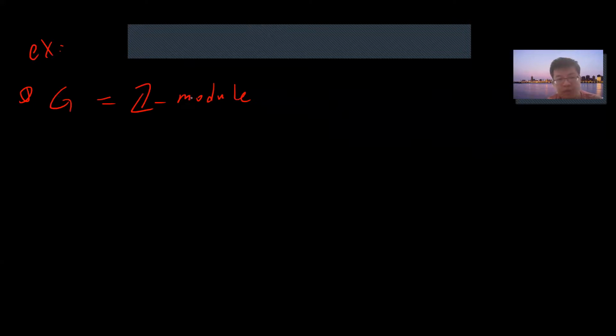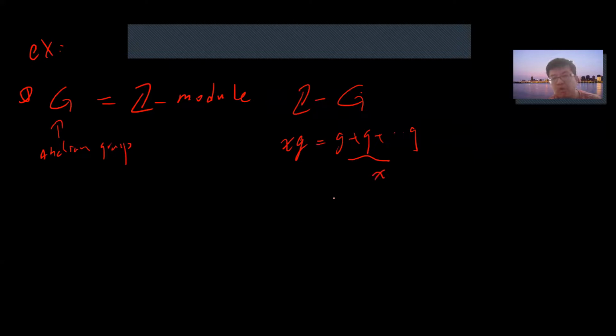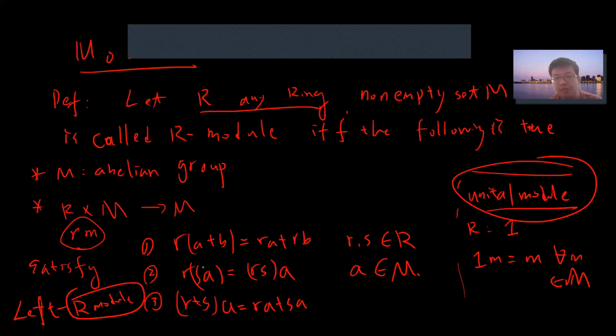This is obviously right, because given an abelian group G, Z can naturally act on G by x times g being g added x times. You can easily see it satisfies all these properties, because s times a means a added s times, and then r times that is the same as (rs)a. This other one is also trivial, because adding s times and then r times is basically r plus s times.